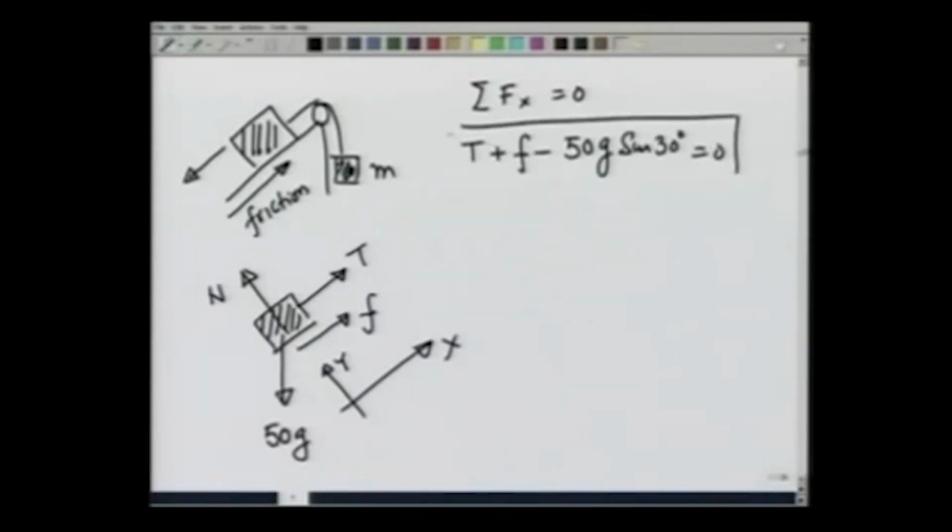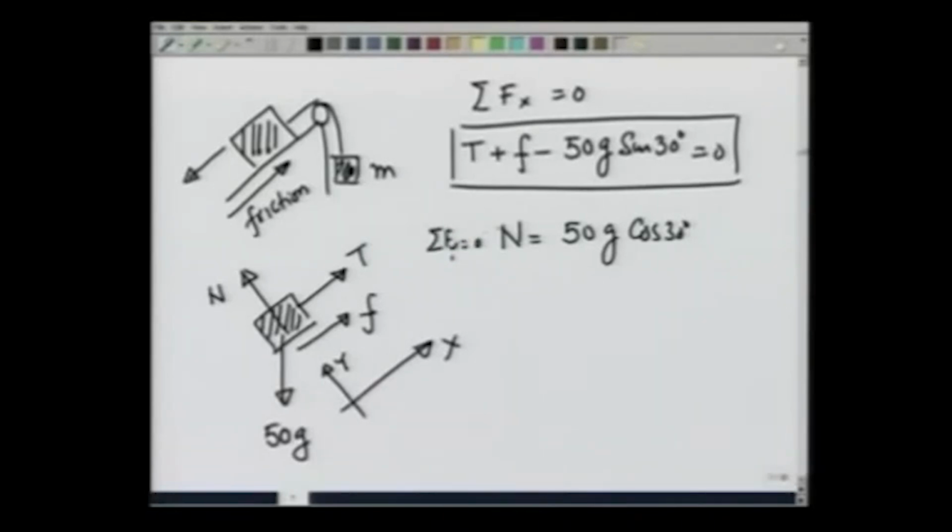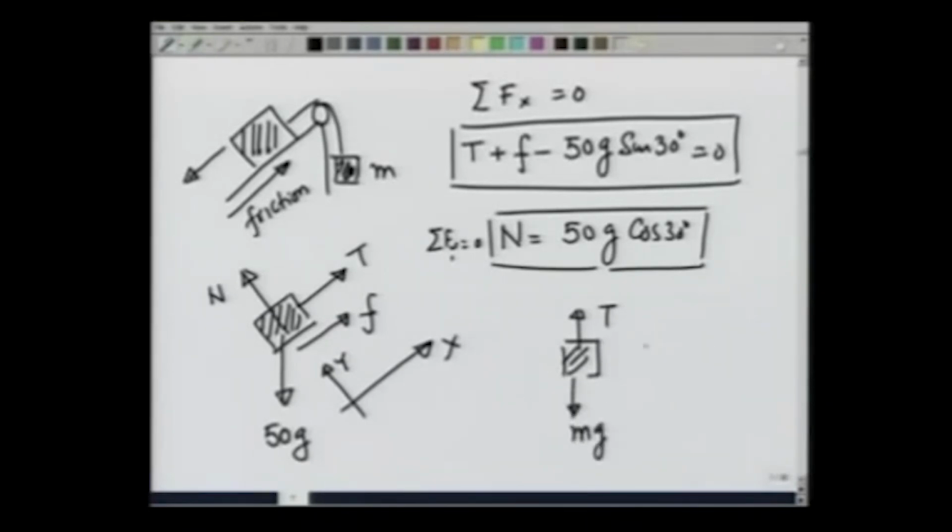That is one equation, and the other equation is N equals 50 g cosine of 30 degrees, which comes from summation Fy equal to 0. If I look at the equilibrium of small mass m, it has only two forces, T and mg, so T must be equal to mg for equilibrium.